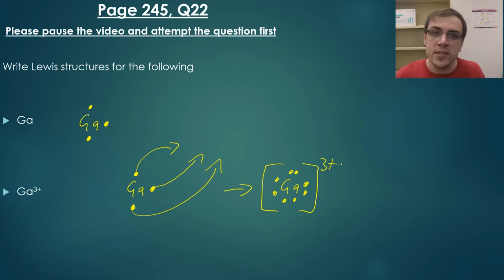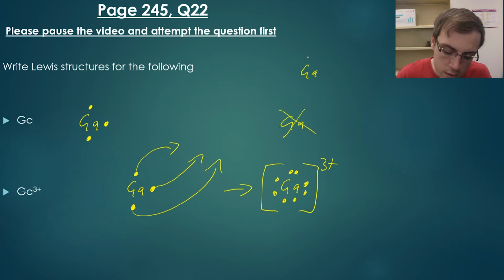This is a good question that really shows the common traps that students fall into, because a lot of students think, oh, okay, it lost 3 electrons, so therefore gallium must have 0. It mustn't have any valence electrons. And again, this is where I remind you about that octet rule. These are all in energy levels like this.